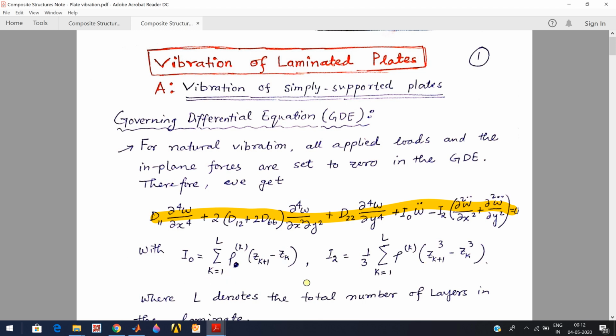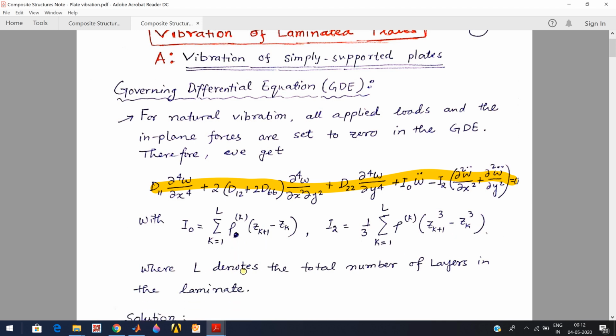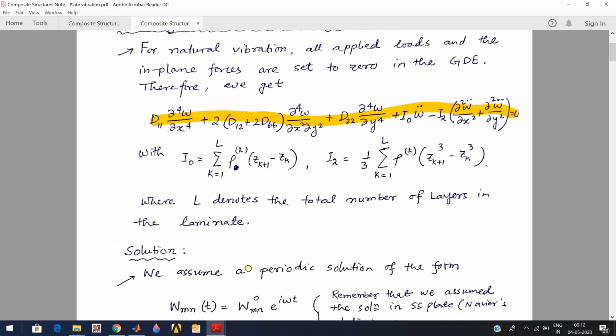When the density of a particular lamina is rho k, then I0 and I2 can be expressed in a summation form like this. And here L is the total number of layers in the laminate.